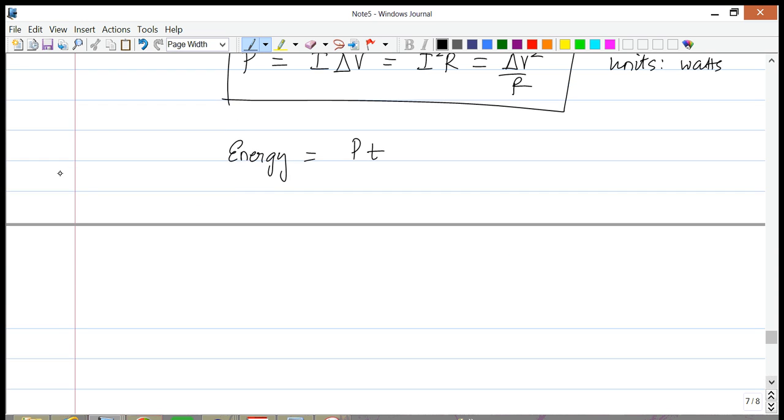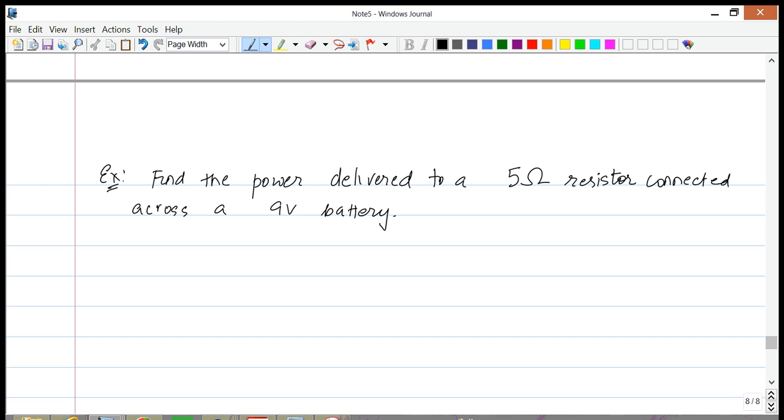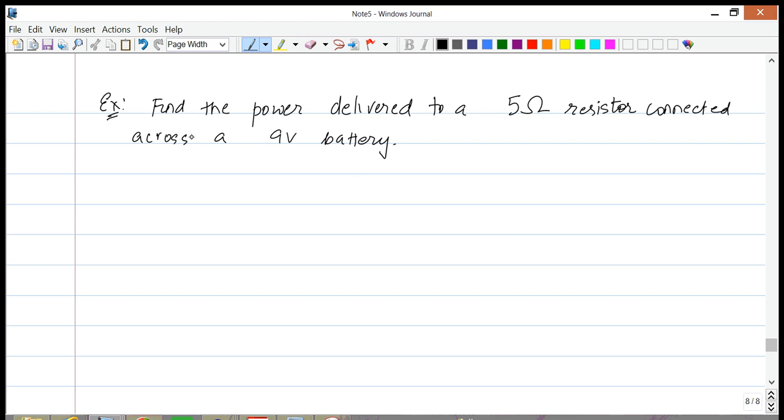Okay, so let's do a simple quick example. We'll find the power delivered to a 5 ohm resistor connected across a 9 volt battery.